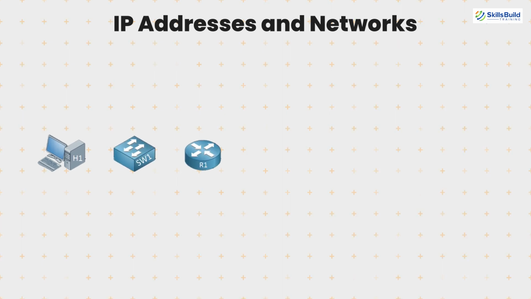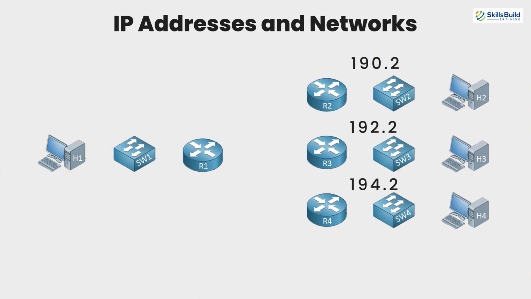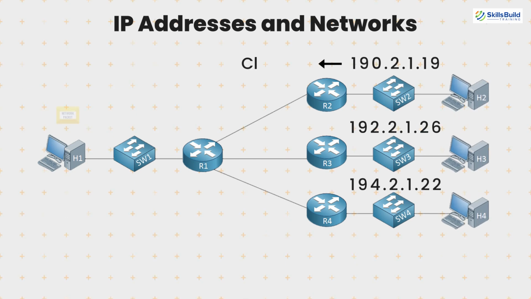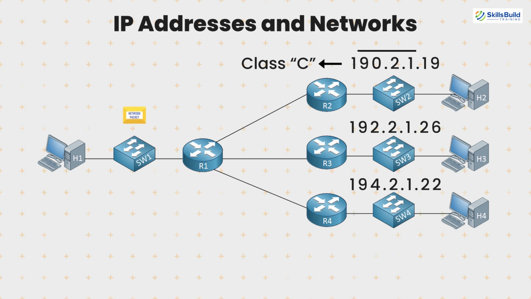Now, if we talk about the IP addresses and networks, let's say an IP packet was sent to the IP address 190.2.1.19, and this IP address belongs to a class C network. The network will be identified by the 190.2.1 part, and the router in the network will forward the packet to the host on the network, which is indicated by 190.2.1. Now, as the packet arrives at the network, a router in the network will check its routing table.